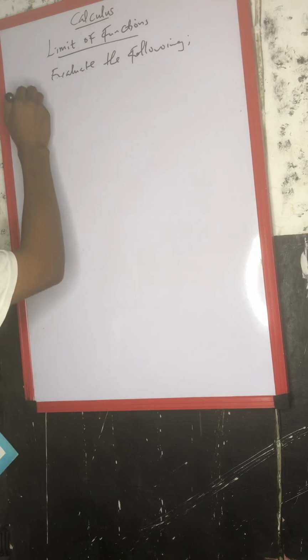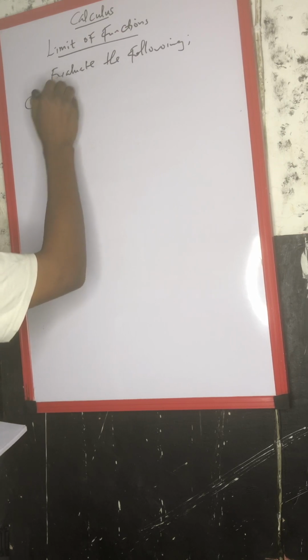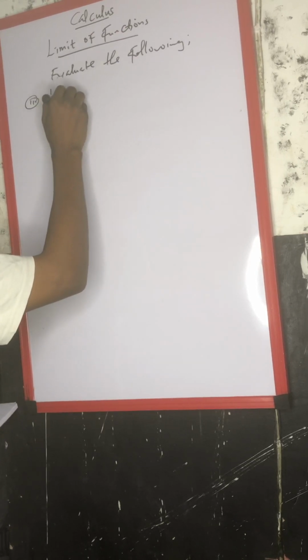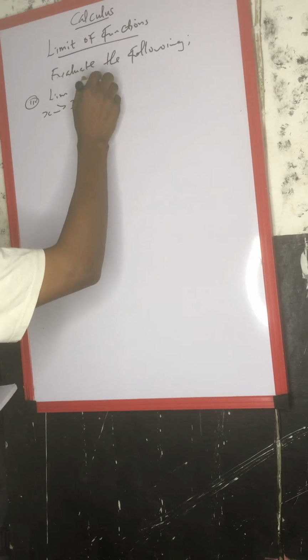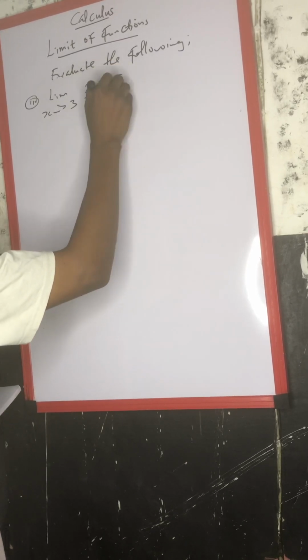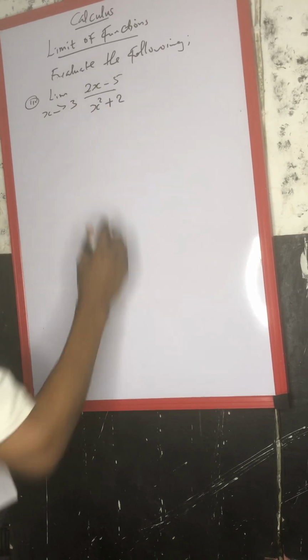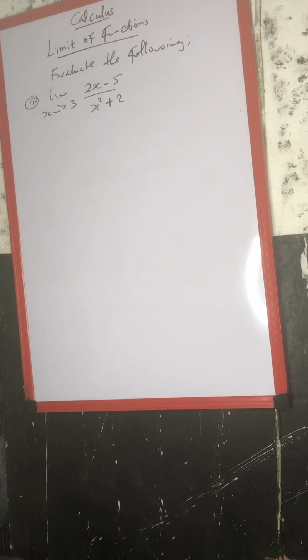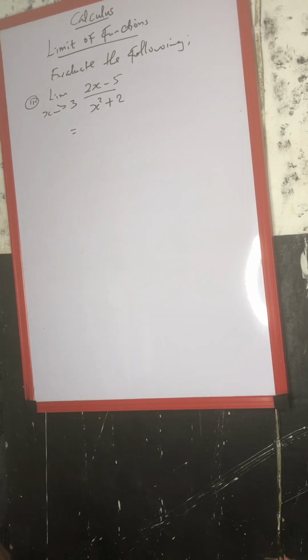So number 3 question. We also have limits of x approaches 3 of 2x minus 5, all over x squared plus 2. Don't forget, I said the first step you take is to substitute the value of x. So in this place, our x is the same thing as 3.